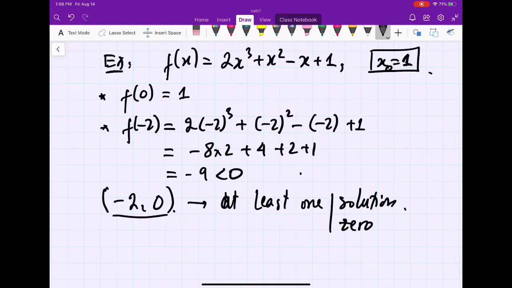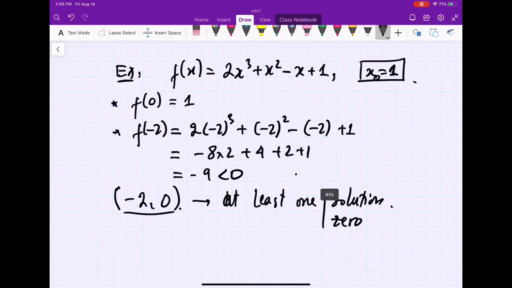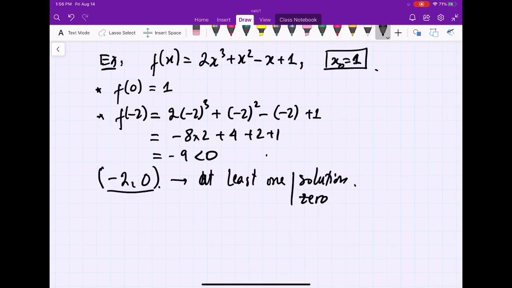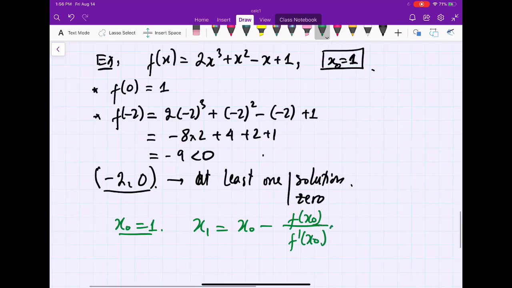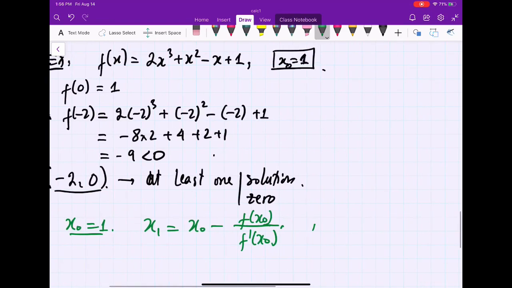Okay, now let's start from 1, and let's use the previous formula. I have x0 equal to 1. Then x1 is x0 minus f of x0 divided by f derivative of x0. So we need to find the derivative, where f of 1 is 2 plus 1 minus 1 plus 1, which is 3.